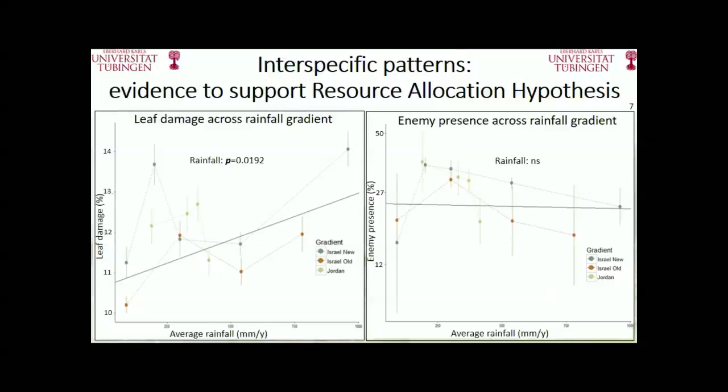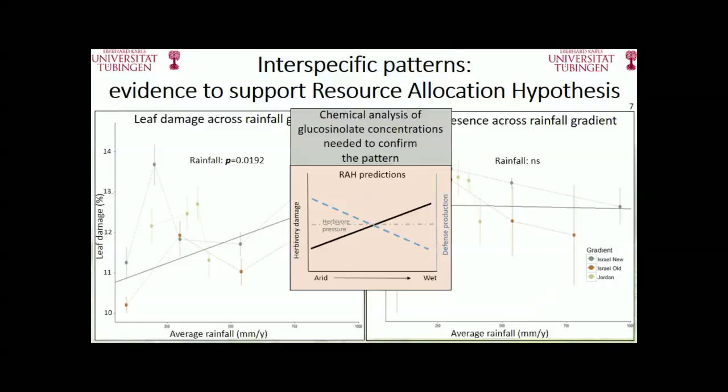And we can see quite clearly a significant increase in the amount of leaf damage as we go along this resource gradient. All the while, we have our enemy pressure remaining constant, as is assumed in the hypothesis. And so we can partially support the resource allocation hypothesis by seeing that we have this increase in leaf damage whilst herbivore pressure remains constant.